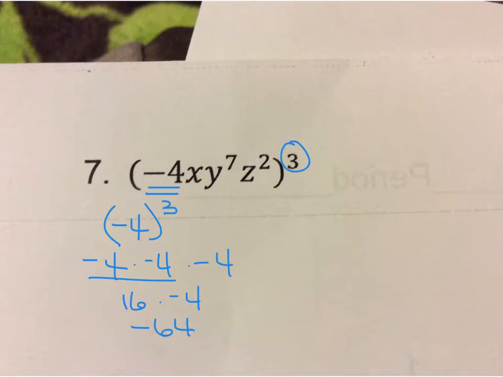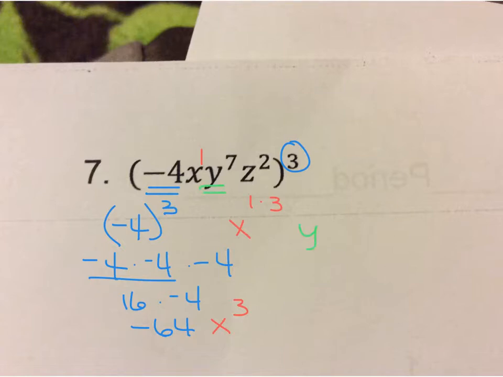Okay, so now we need to look at the x. So the x really has a 1 on it, and we have to the 1, and then we have to the 3. So remember, power to a power, we multiply. 1 times 3 is 3, so x cubed. Now we got to do our y.